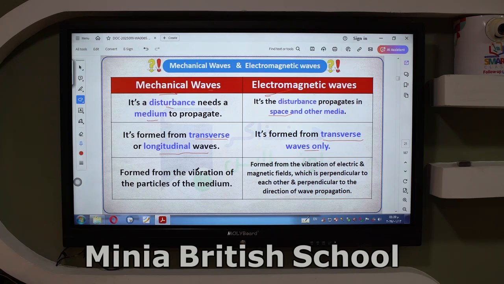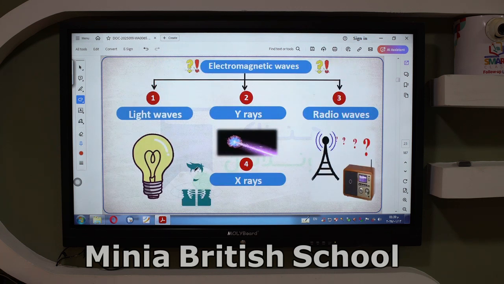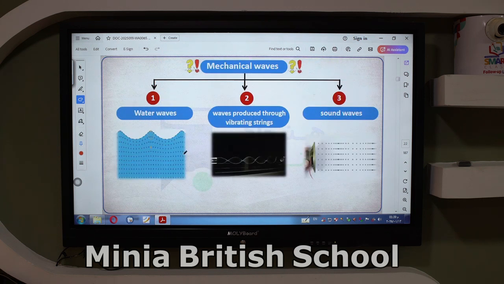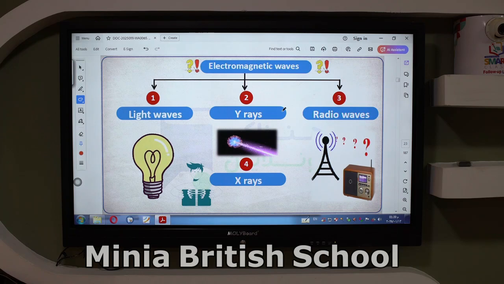We have some examples. For mechanical waves, like the sound wave, but for electromagnetic waves, like light. Mechanical waves include water waves, waves produced through vibrating strings, or sound waves. But electromagnetic waves include light waves, X-rays, and radio waves.